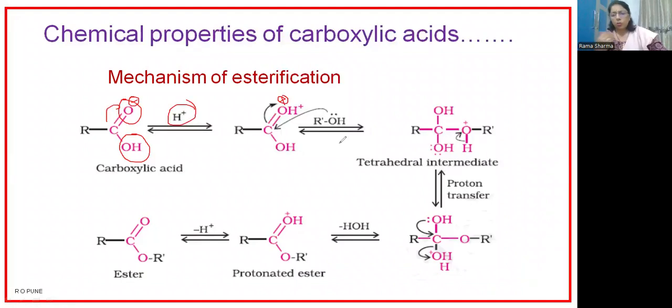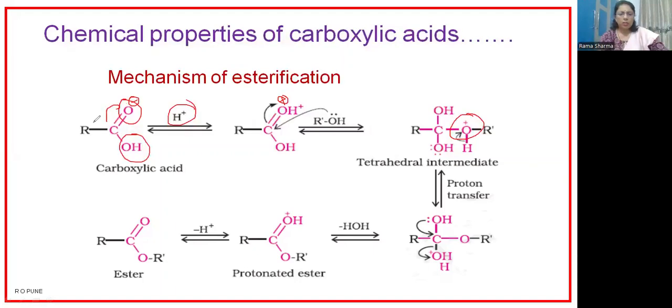So the oxygen will try to remove this positive charge. A new molecule of alcohol will attack this positively charged carbon, forming a tetrahedral intermediate. When the intermediate is formed, again we have a positive charge on the oxygen, so a proton gets transferred from here.